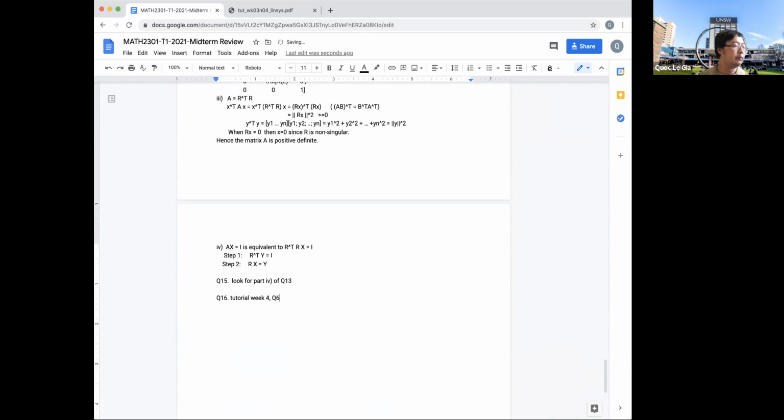And then for the last question, look for part 4 in question 13 as well. Otherwise, I can post the solution during the weekend.